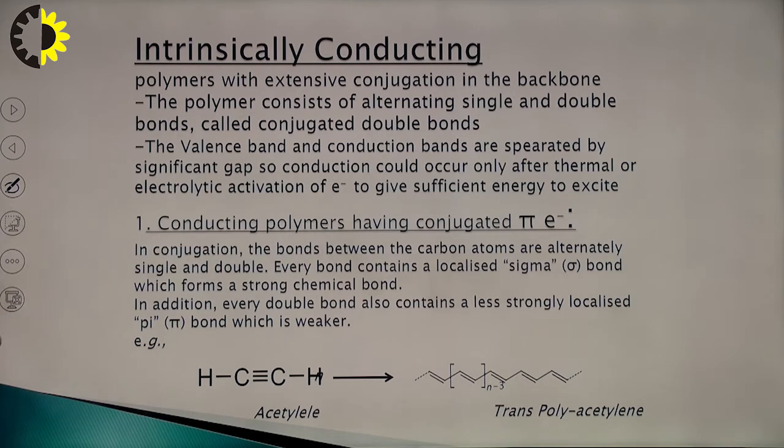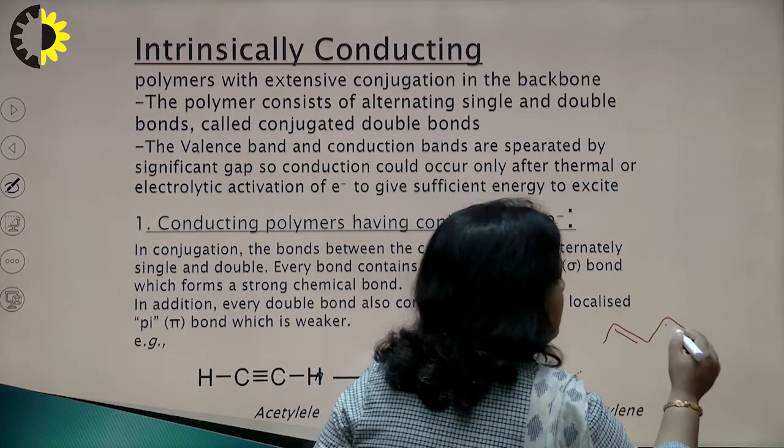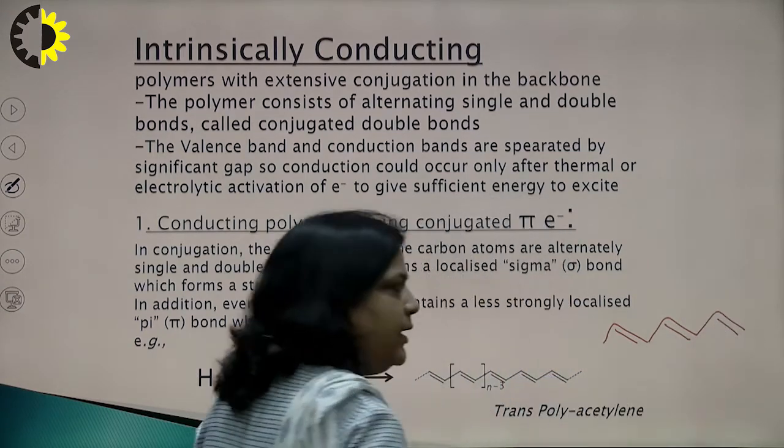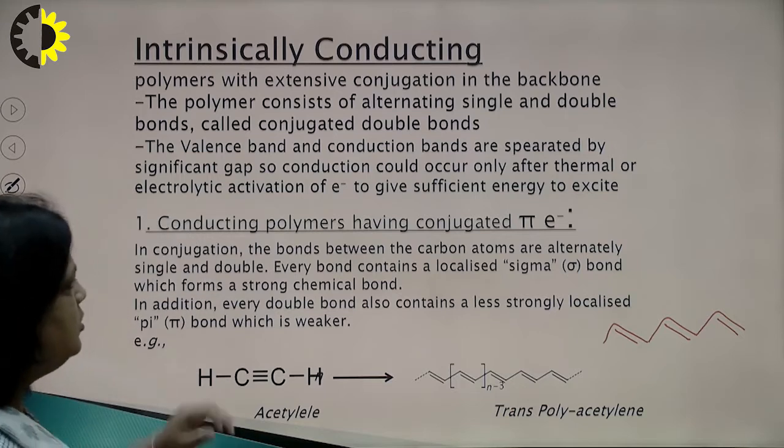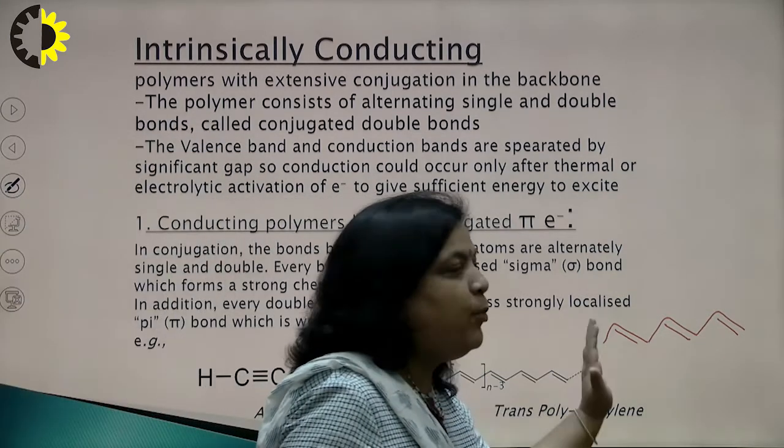First, intrinsic conducting polymer. These are polymers with extensive conjugation in the backbone. For conduction, this is the necessary requirement: conjugation or alternate bonds. We discuss this point by taking the example of polyacetylene.